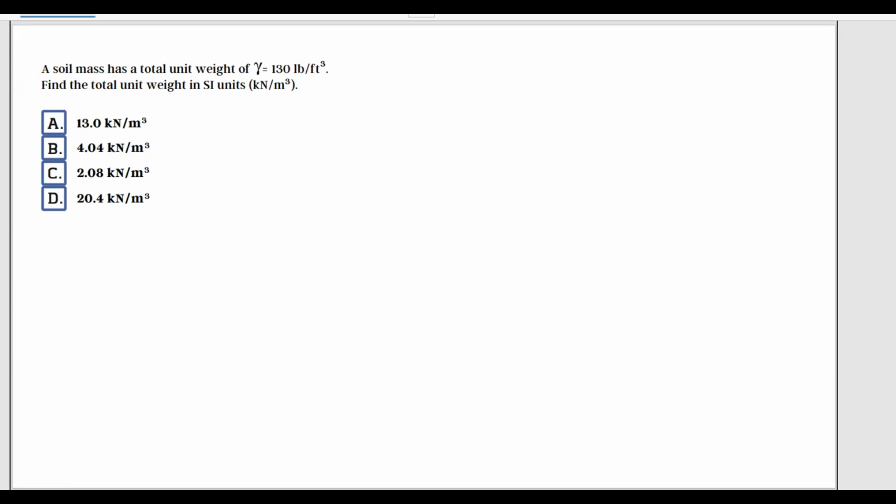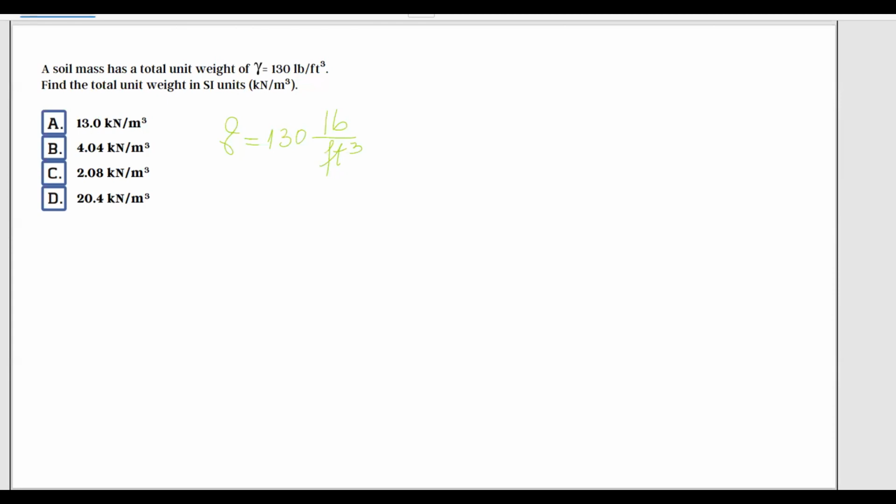Let's see how we can do that. There are two ways we can do that. Let's see. I'm going to start by writing down. So gamma is equal to 130 pounds per cubic feet.